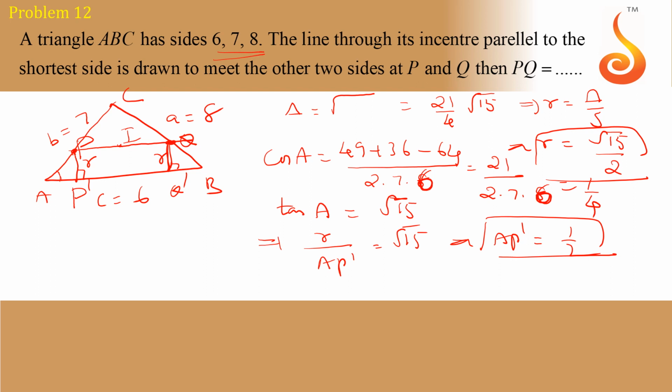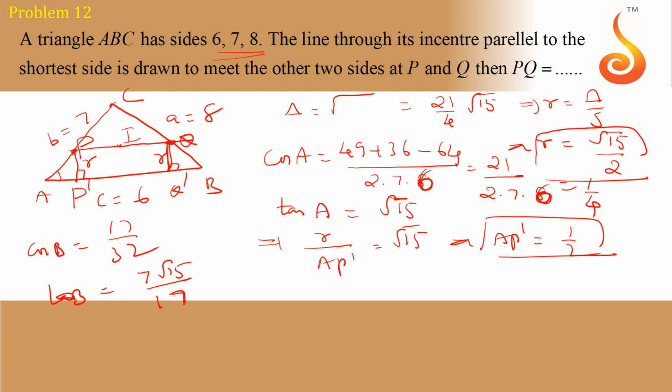Now similarly, what is cos B? First use cosine rule. So by cosine rule, if you use A square plus C square minus B square by 2AC, you will get 17 by 32. From that, get tan B value using Pythagoras theorem, other side. That will be 7 root 15 by 17.